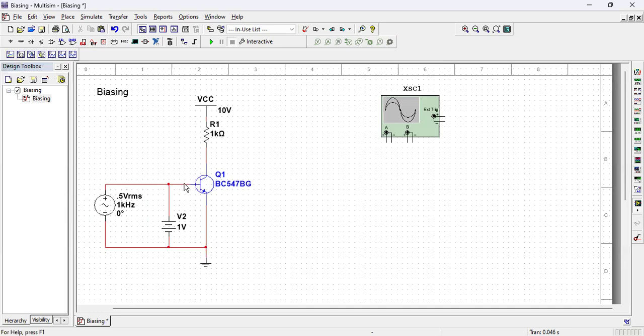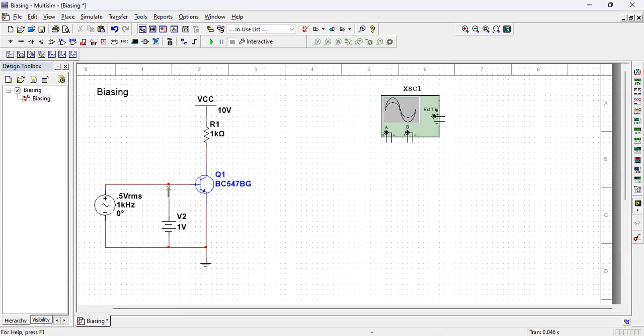This base is already at plus 1 volt, right? And this signal source has 0.5 volt RMS. That means 0.5 by root 2, something like 0.75 volt peak. So the positive half cycle will be 0.75 volt, which will be added to 1 volt.